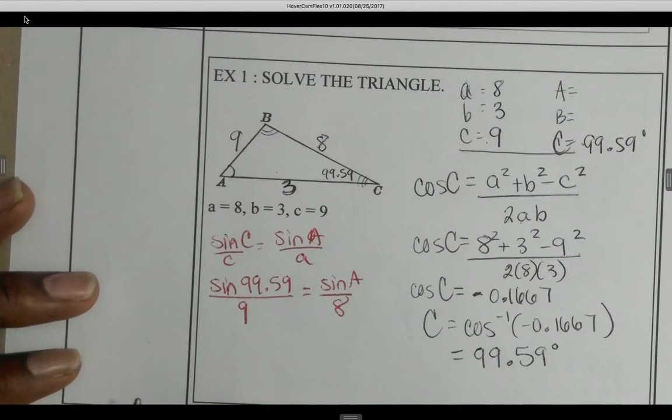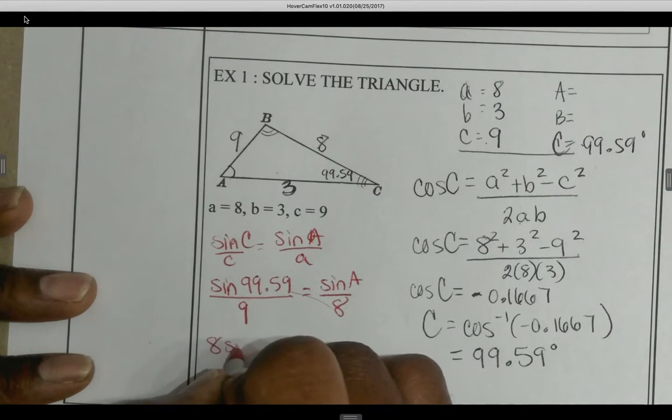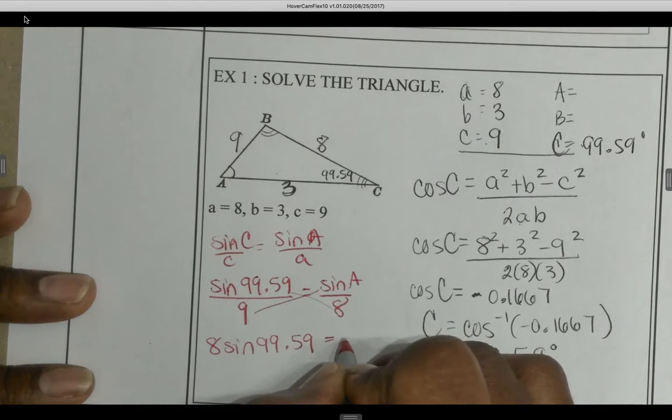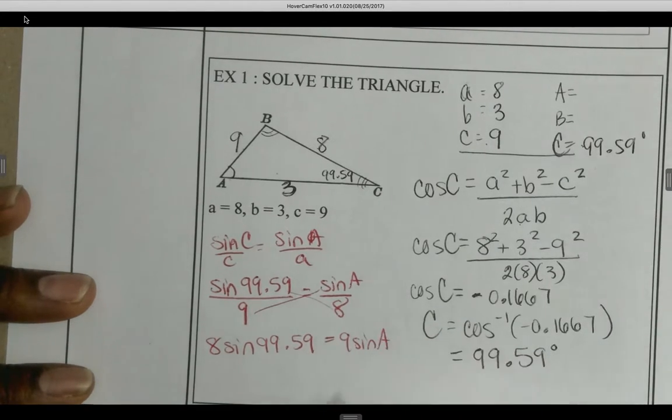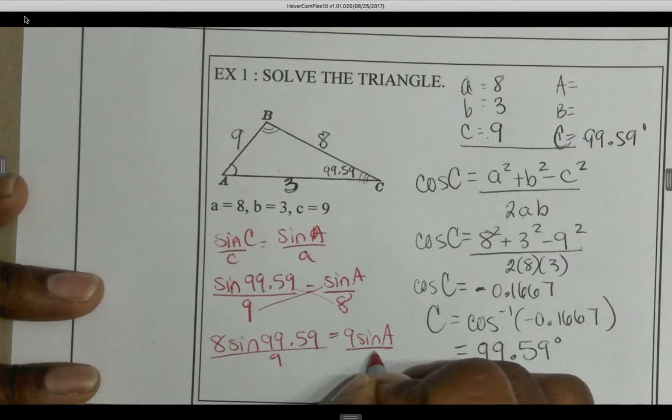Okay, so then I just cross multiply, I get 8 times sine 99.59 equals 9 times sine A. Right, and then I can divide by 9 on both sides.